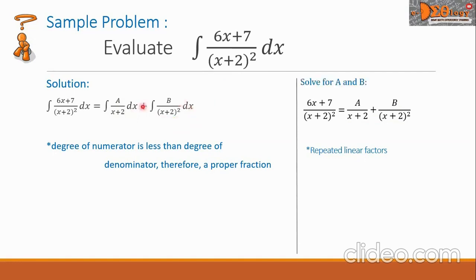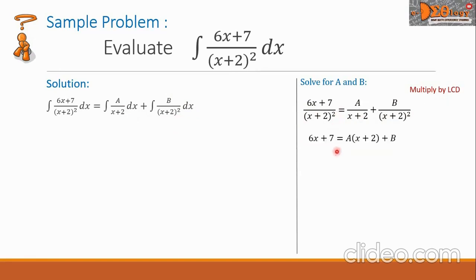Now, let us solve for A and B. Let us multiply this equation by the LCD. The LCD here is the denominator of the fraction on the left side. The resulting equation will be 6x plus 7 equals A times the quantity x plus 2 plus B.